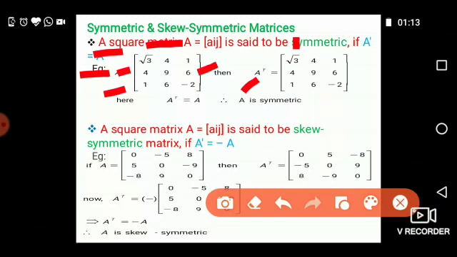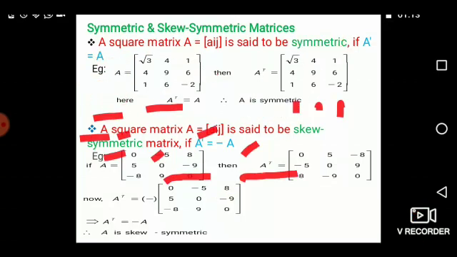Second row becomes the second column, which is 4, 9, 6. And the third row becomes the third column, 1, 6, minus 2. In this case, A dash is equal to A, or A to the power T is equal to A. Such a matrix is called a symmetric matrix. Therefore, in this case, A is symmetric.